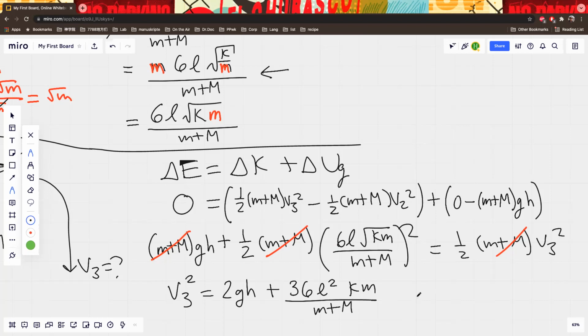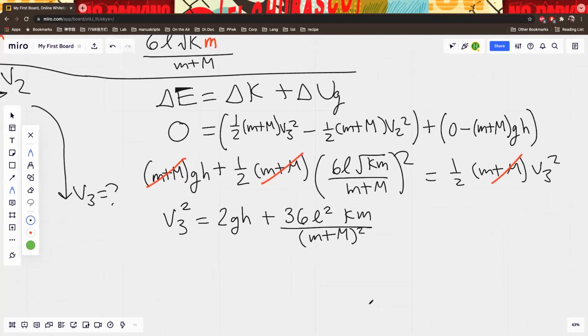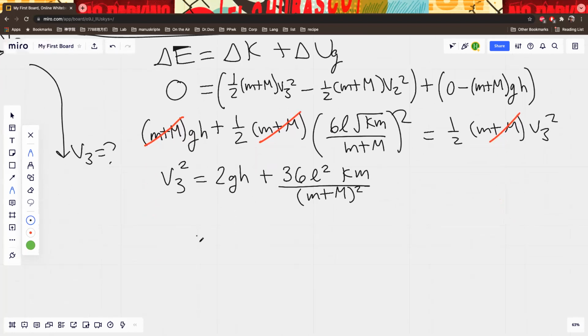Oh right, 6 squared is 36L squared times km over this thing, and that thing has to be squared, doesn't it? Yep. And then after that we square root. Is there anything else we can do? We could factor out a 2, but that doesn't really help much. So let's just do this.